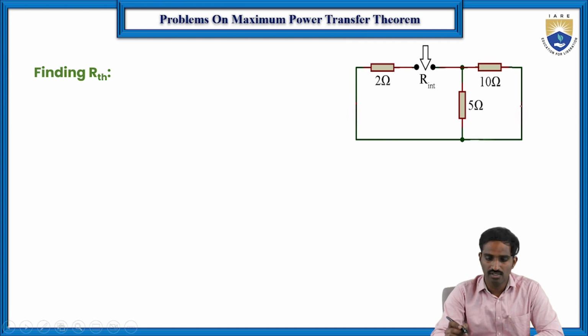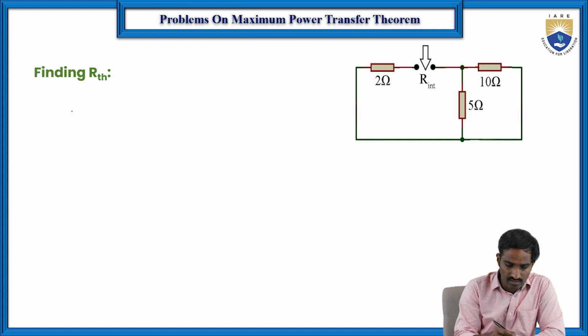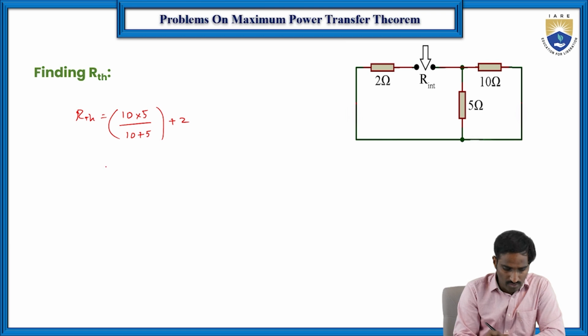Then these 10 ohms and 5 ohms are in parallel. So R Thevenin is equal to 10 into 5 by 10 plus 5, plus 2. Then the value of R Thevenin is 5.33 ohms.